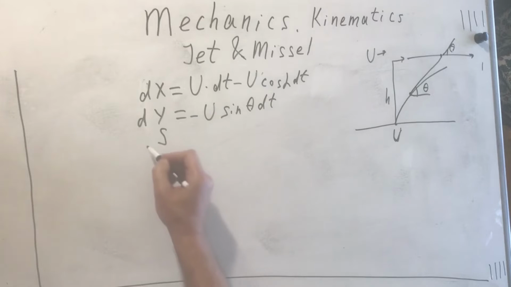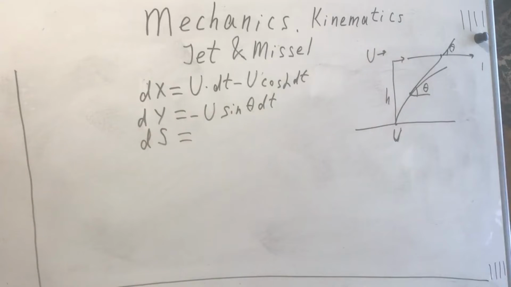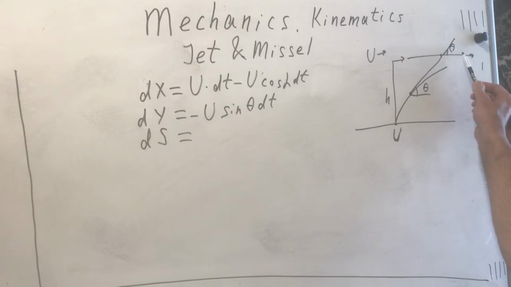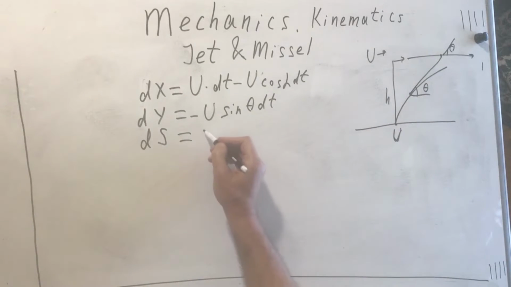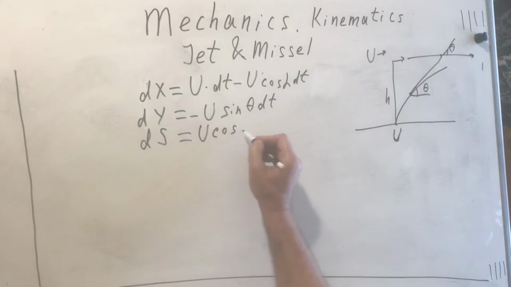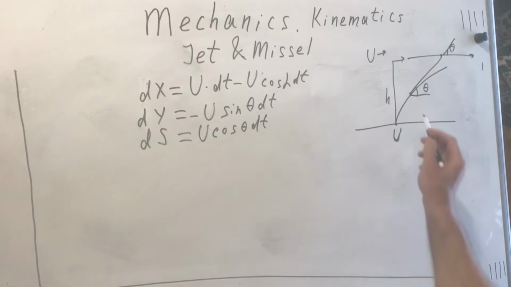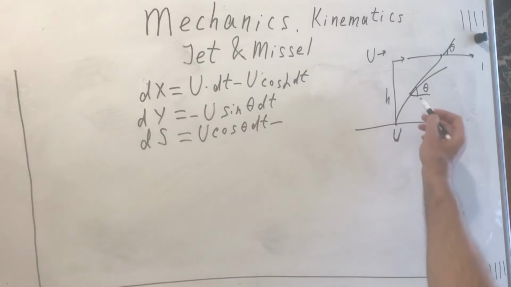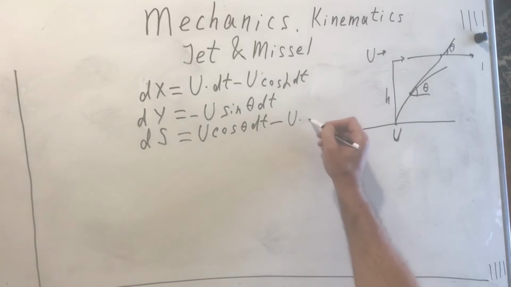And let's see what happens to ds. ds is changing by the jet, by the projection of this velocity to this direction, which is u multiplied by cosine theta dt, and we have to subtract how our missile is reducing this distance, which is just u multiplied by delta t.